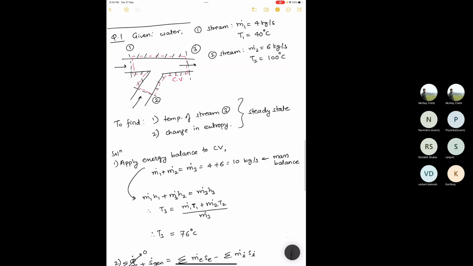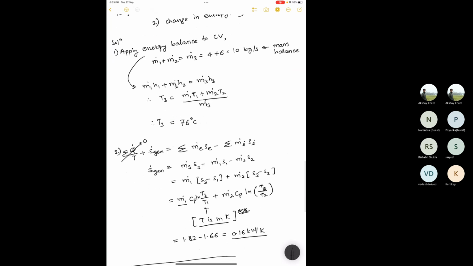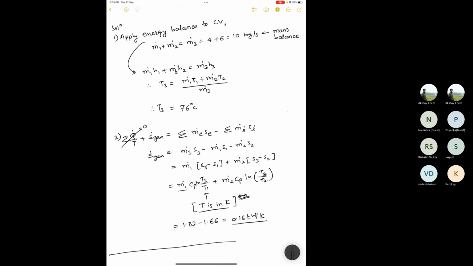But in this exam, tables are not allowed, and data is also not given. So that's why you can make the CPT assumption. You can check with the steam table also. Eventually you should get the same answer, because whatever function you use to relate enthalpy to temperature will be the same on both sides, on LHS also and on RHS also.